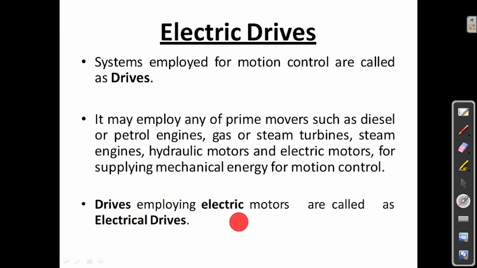The drives employing electric motors are called electric drives. As I said before, motion control, which means drives, when done with electric motors, is called electric drives. This is the meaning of electric drives.